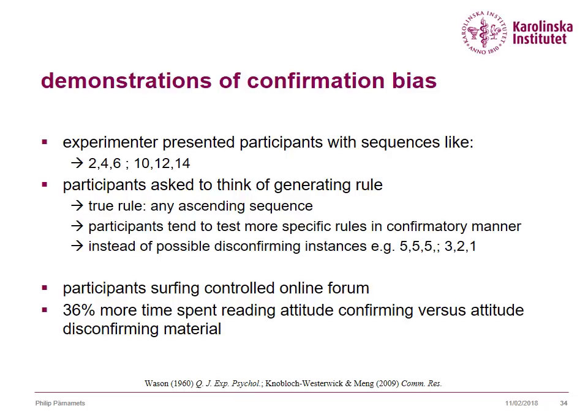So in one of Wason's earlier experiments on confirmation bias, he presented participants with a sequence such as 2, 4, 6. Then he would ask participants to think of a generating rule and write that down on a piece of paper, and then give a sequence to test their hypothesis about the generating rule.